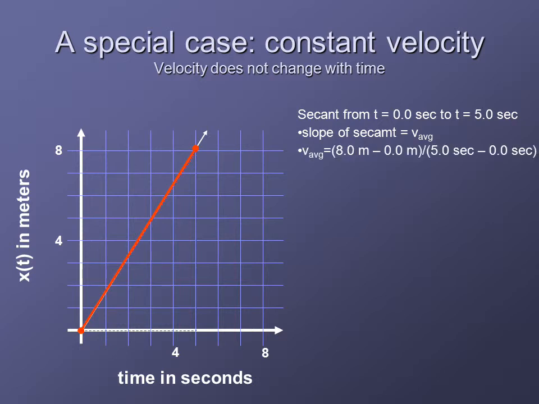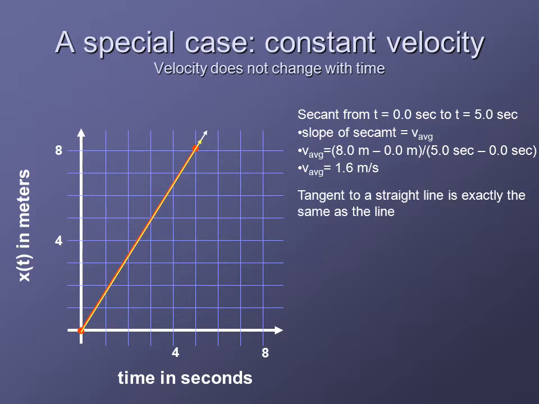All right, so to get the slope of this secant, you do the rise, which is close enough to 8 meters that you could call it 8.0, and then the run, which is exactly 5 seconds, and you do the math, break out your calculator, you can get 1.6 meters per second as your average velocity.